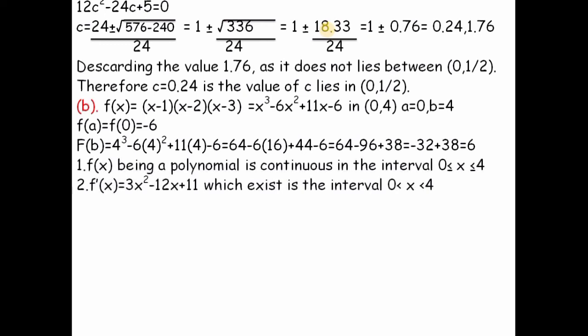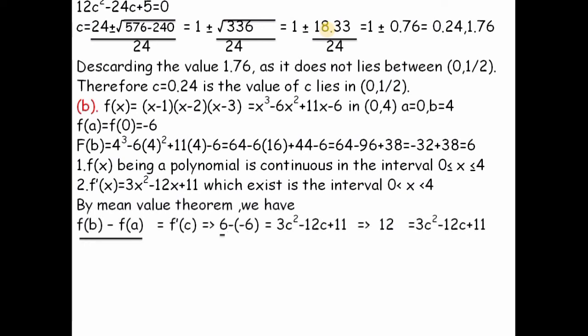f(x), being a polynomial, is continuous in the interval, and f dash x, which we find as 3x square minus 12x plus 11, shows f(x) is derivable. By the mean value theorem, (f(b) minus f(a)) upon (b minus a) should equal f dash c.